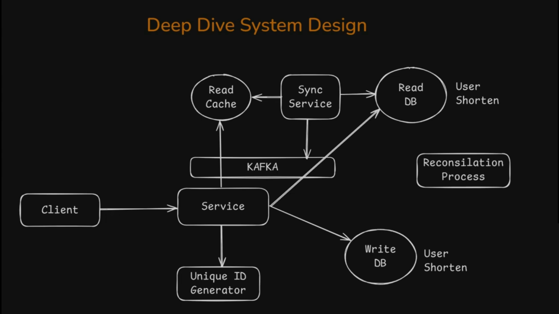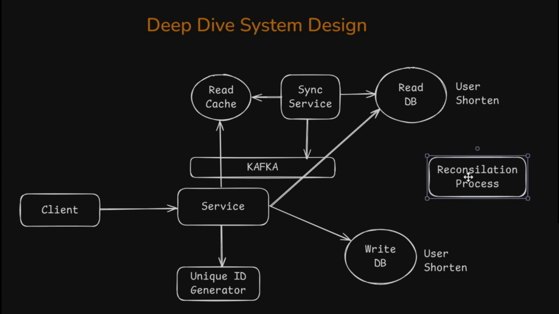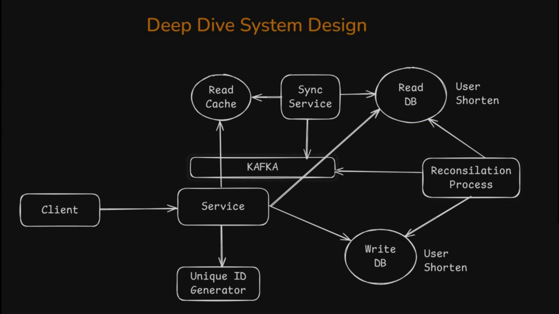This reconciliation process would be a cron job or any service which would run periodically, fetch these records from the primary DB and put them in the secondary DB. It can put them into the secondary DB, or it can write to the Kafka as well. Since it is a backup plan, we can write at multiple places.